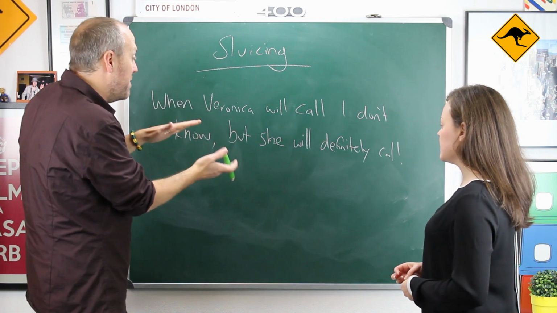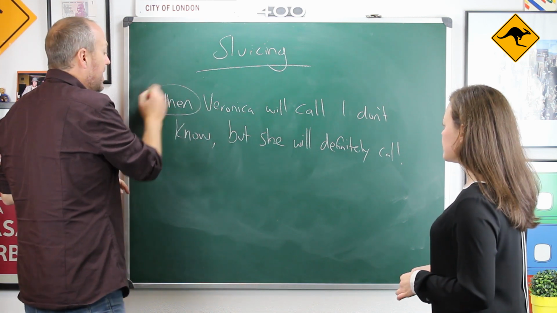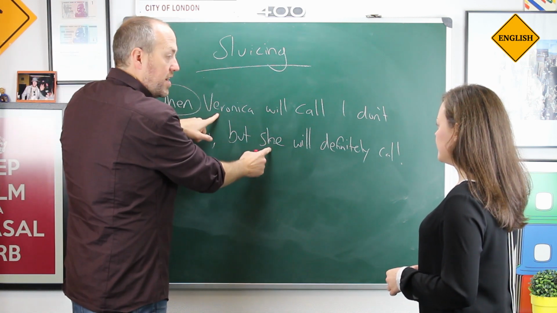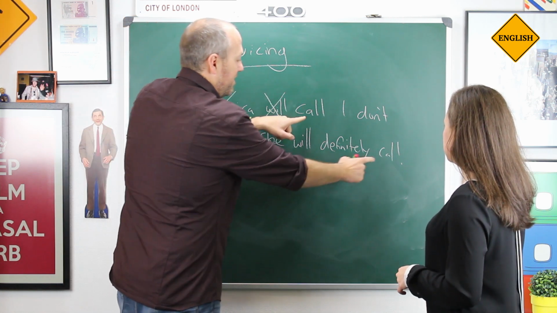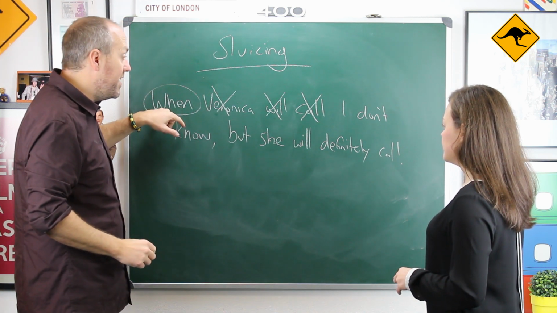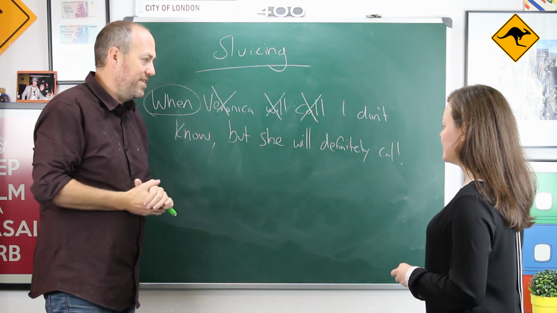So we can use it at the first part of the sentence or the second. Here we'll eliminate everything from the first part, and we will leave when, because when is the question word. So she and Veronica will call. We have: when, I don't know, but she will definitely call.